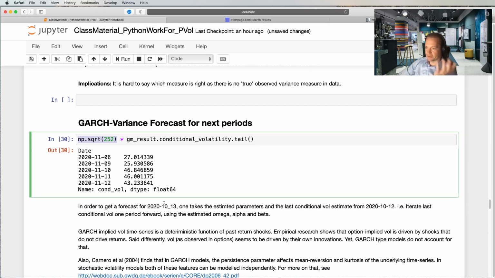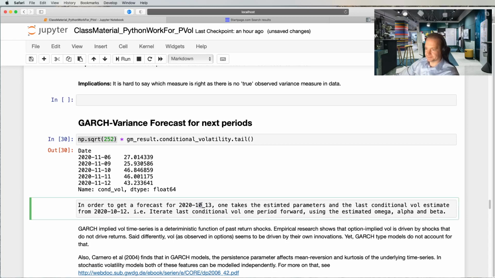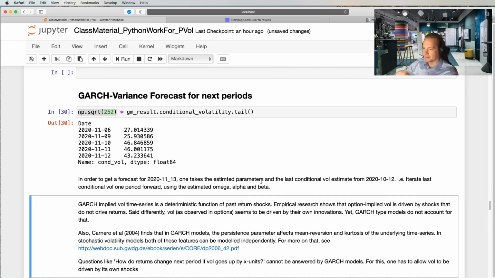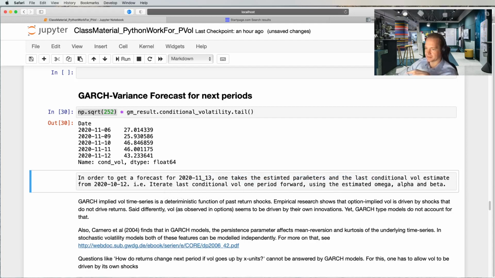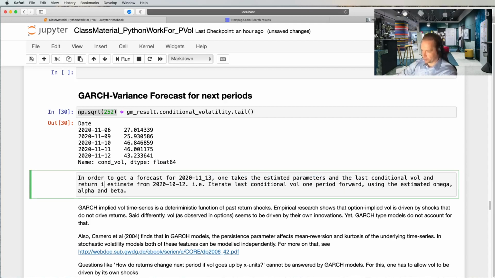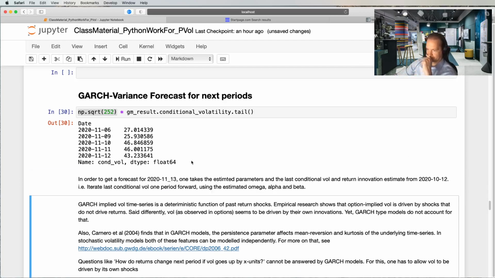So, if you want to forecast for the 13th of November, then you just take the estimated parameters and the last conditional vol estimate and return innovation estimate. You need both. And then you iterate forward.